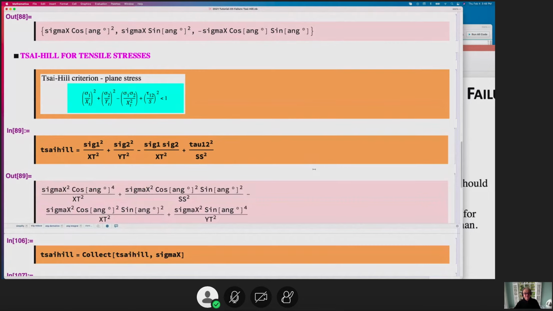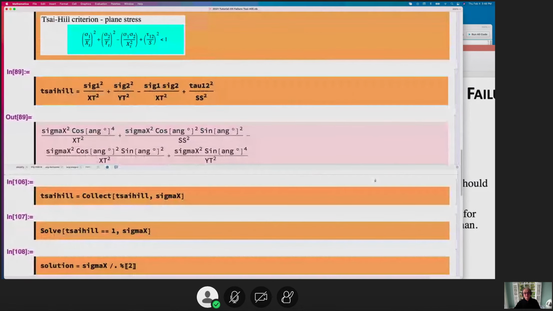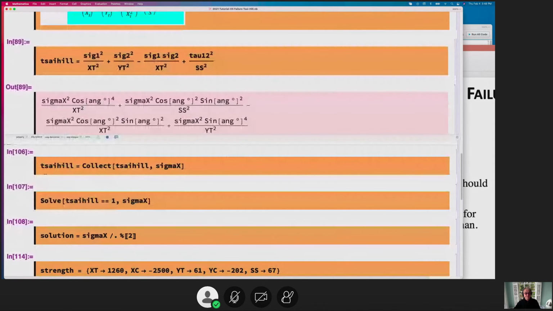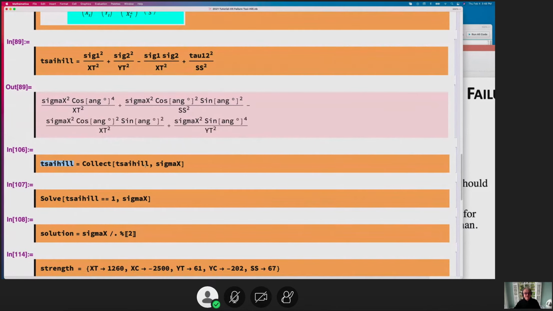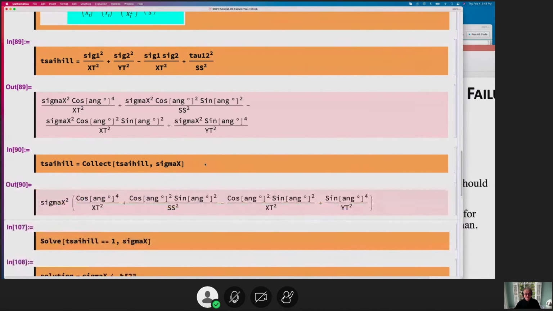So this is symbolically in terms of sigma x, the applied stress level, and the strengths XT, YT, SS, the shear strength, and the fiber orientation angle. I can collect all the sigma x's in this equation together. So I redefine my psi Hill by collecting all the sigma x's together, which basically gives me this.